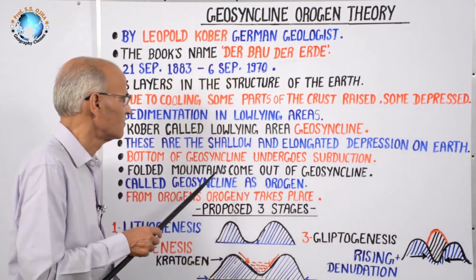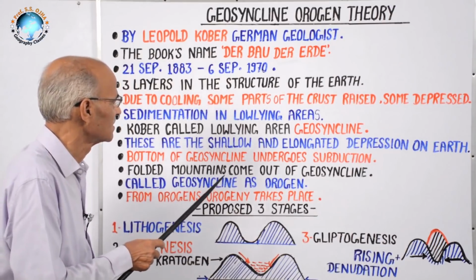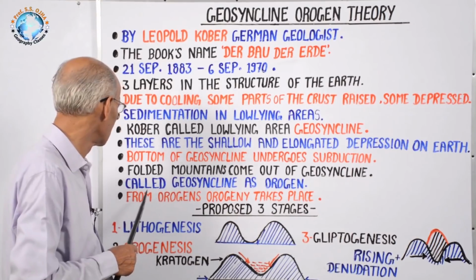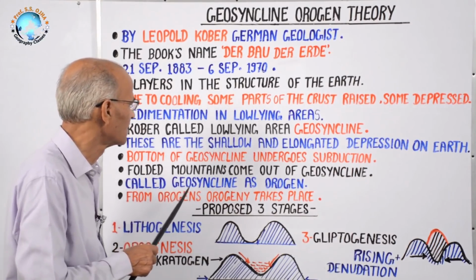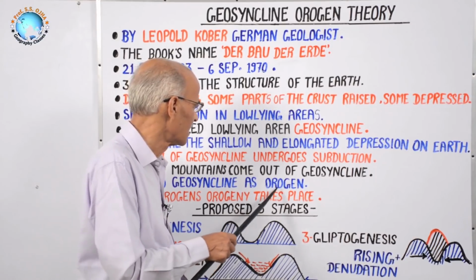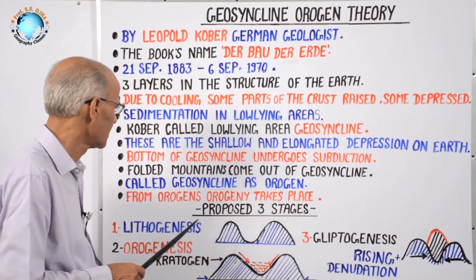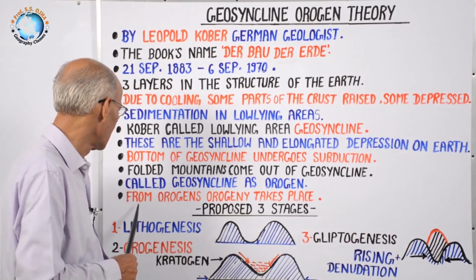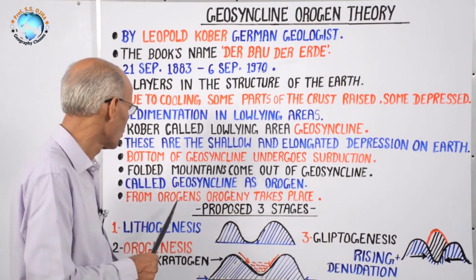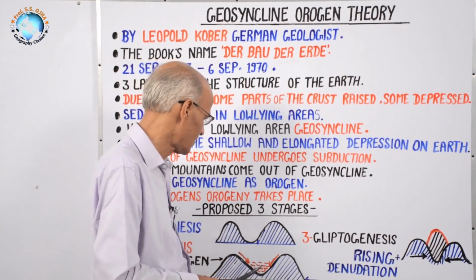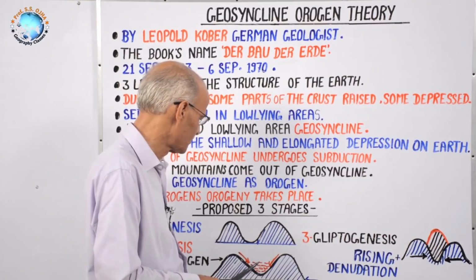So this hypothesis was taken into consideration in KOBER's hypothesis, and he called these geosynclines, these low-lying areas, orogen because mountains will originate from this, and from orogens the orogeny takes place, meaning mountains come up. Which mountain?